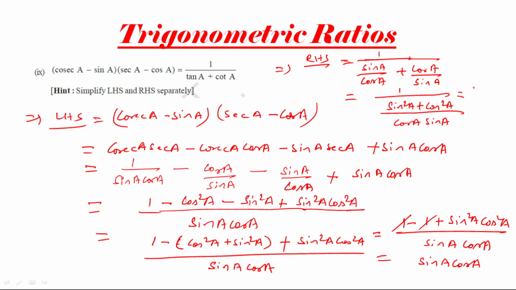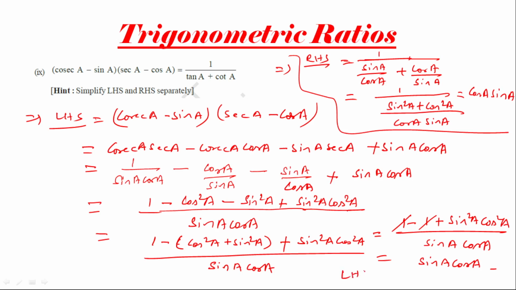So the reciprocal of this will become sin A divided by 1 only, so cos A sin A. So we can see that the RHS we got cos A sin A, and the LHS we got sin A cos A, or cos A sin A, both are equal. Hence proved.